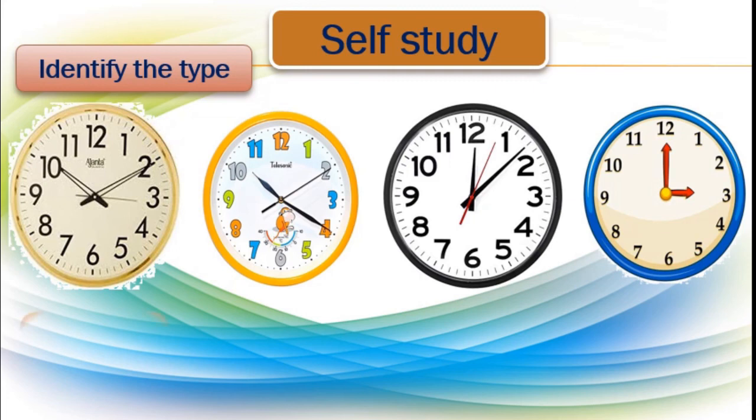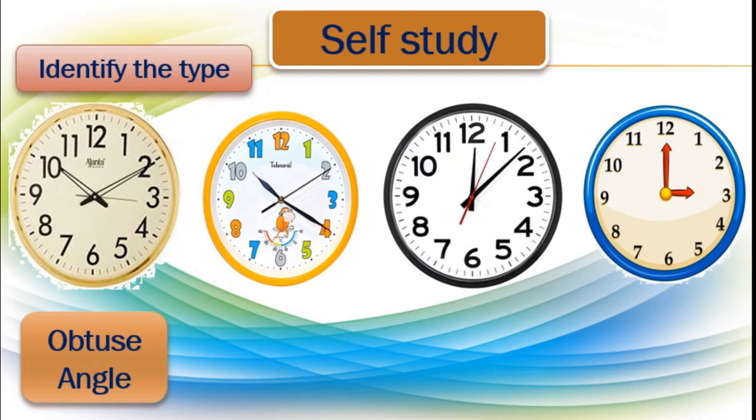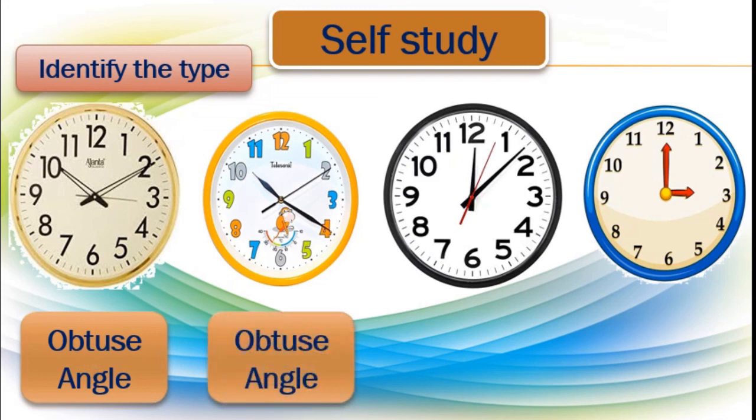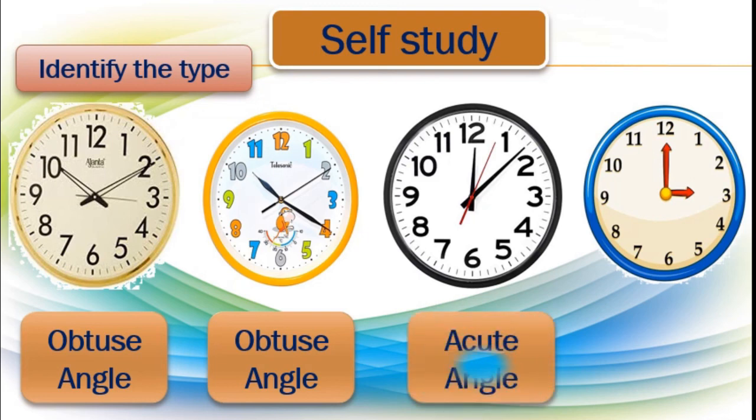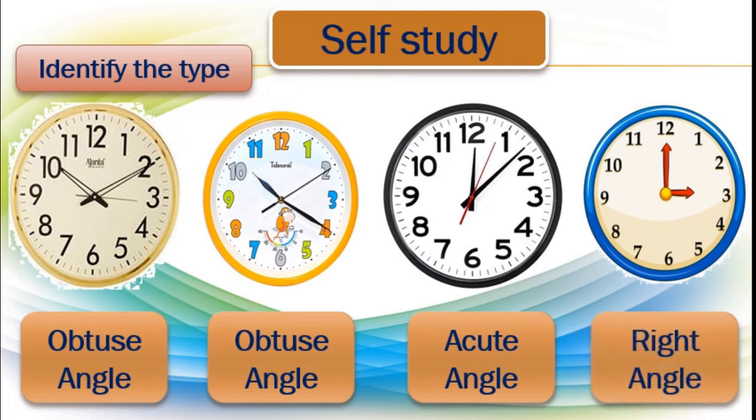The first one shows an obtuse angle because it is more than 90 degrees. This is also an obtuse angle, more than 90. Please observe the two hands of the clock. You will come to know. This is less than 90, so it is acute, and this is equal to 90, so it is a right angle. Very good, students. I think you are confirmed with these three types of angles, that is acute, right and obtuse angles.